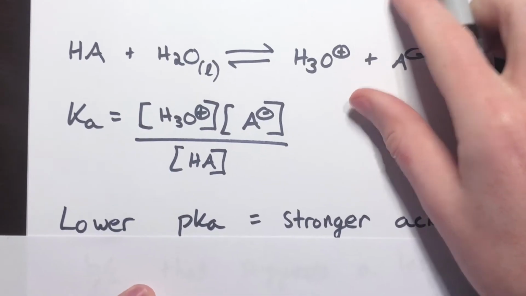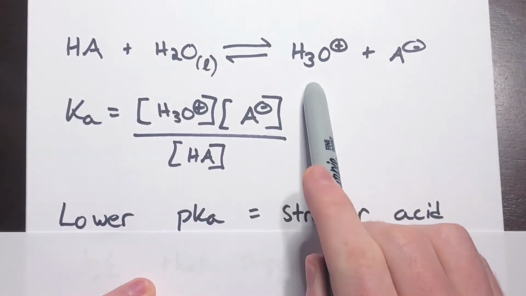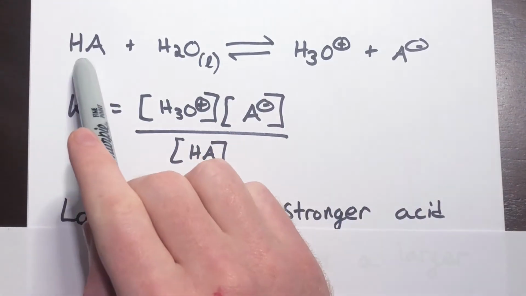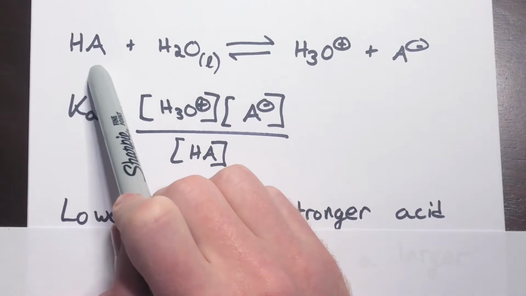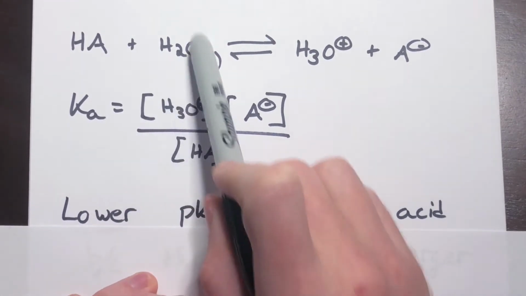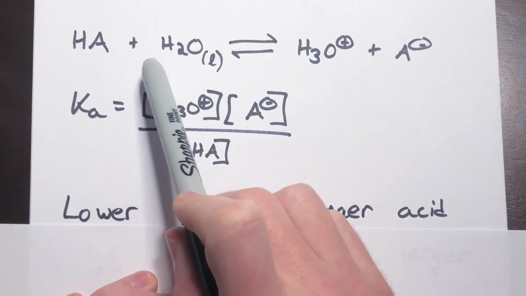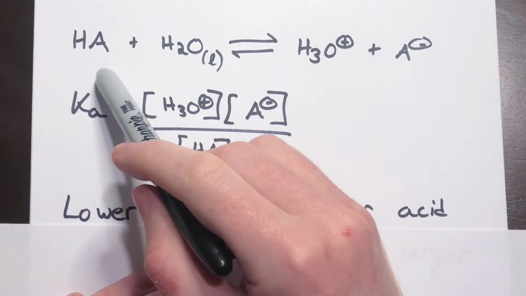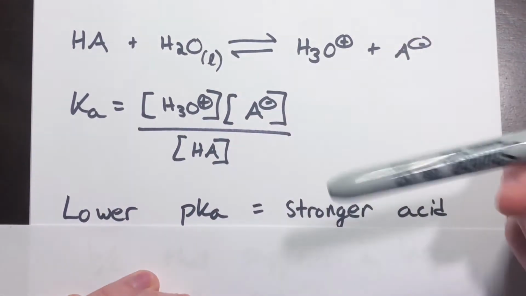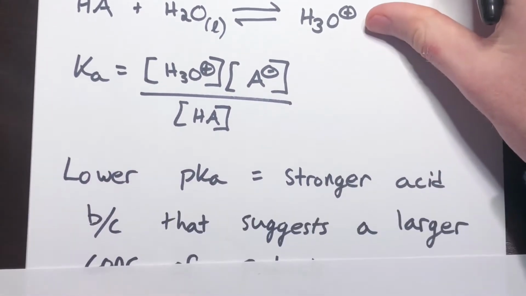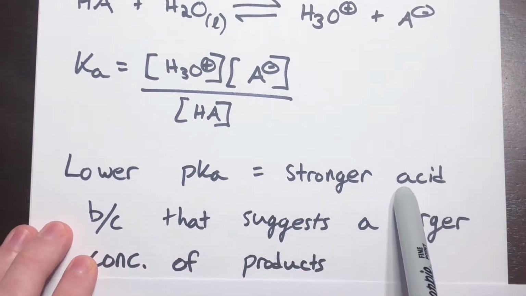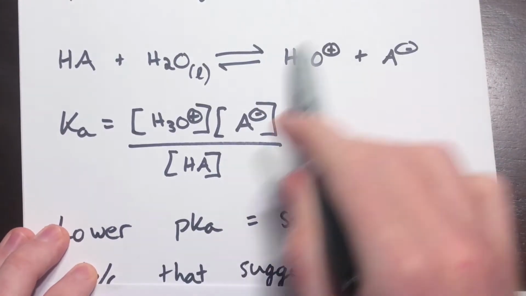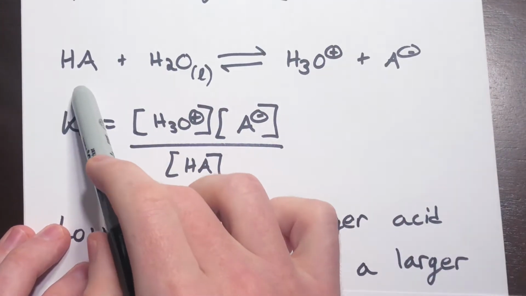So if we look back at this equilibrium, HA is becoming H3O+ and A- more than A- and H3O+ are becoming HA, which means HA is donating its proton to the Bronsted-Lowry base more often than this is going the other direction, which tells us that HA is a better Bronsted-Lowry acid. This explains why the lower the pKa, the stronger the acid, because it suggests a larger concentration of the products, which is what we want here if this is going to act as an acid.